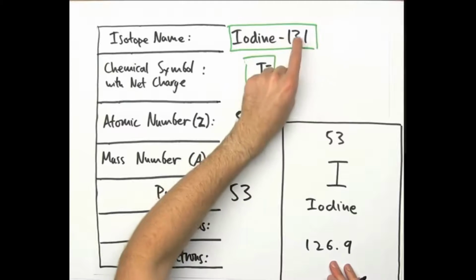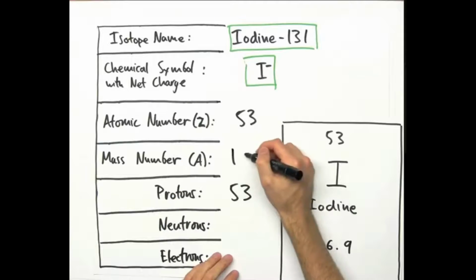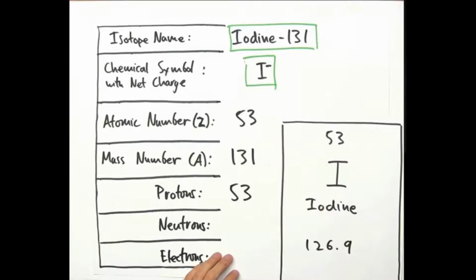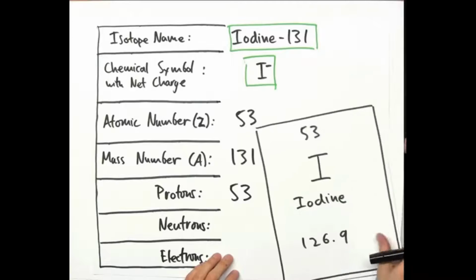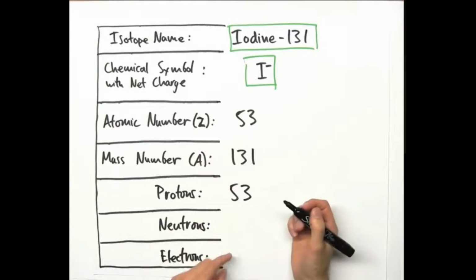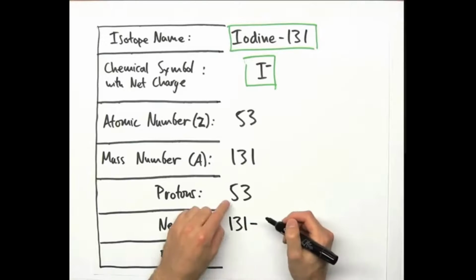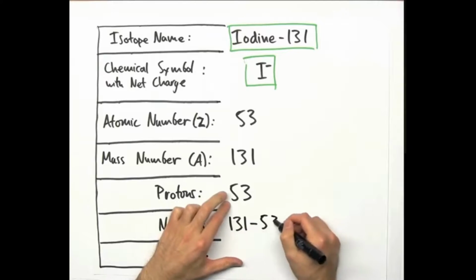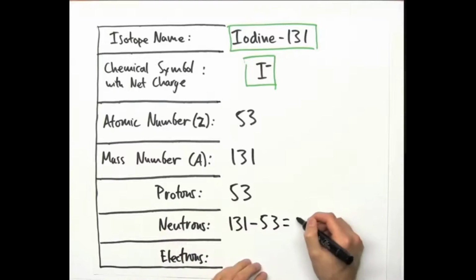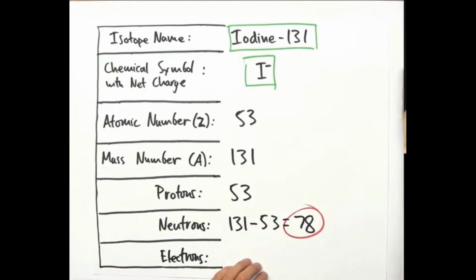The number here that comes in the second part of the isotope name is the mass number, the number of protons and neutrons together. So based on this information, mass number, I can find the number of neutrons. So 131 minus 53 is going to give me 78. That's the number of neutrons.